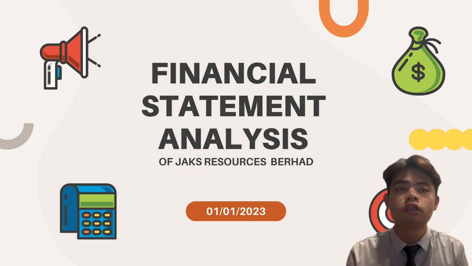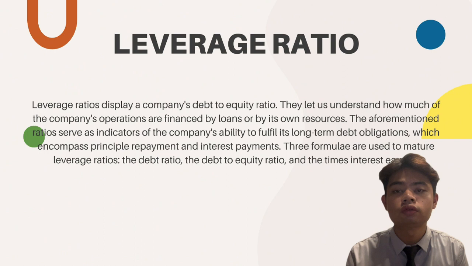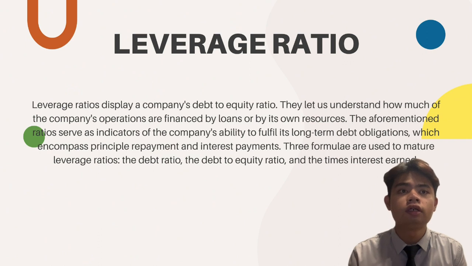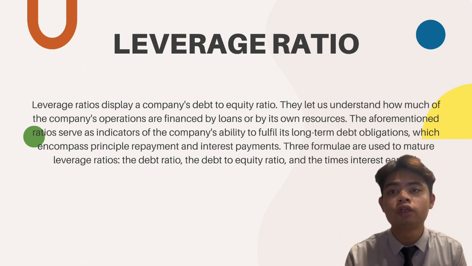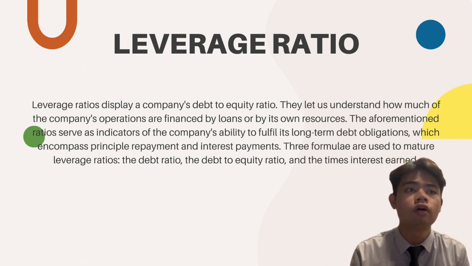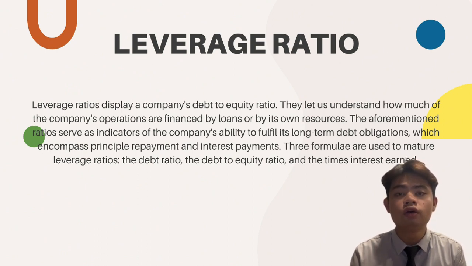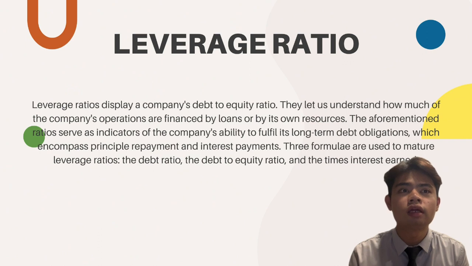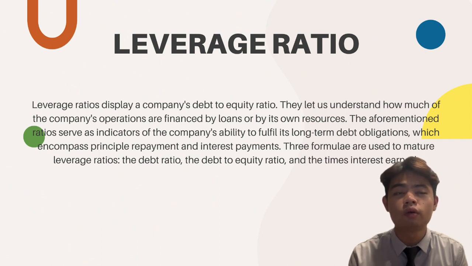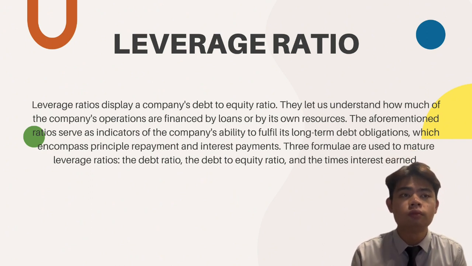So for today, I will explain about leverage ratios. Leverage ratio displays a company's debt to equity. It helps us understand how the company operates its finances by loans, and it also shows the ability of the company to fulfill its long-term debt obligations.